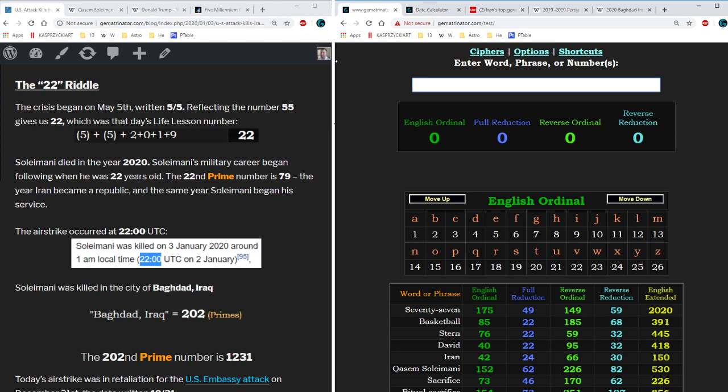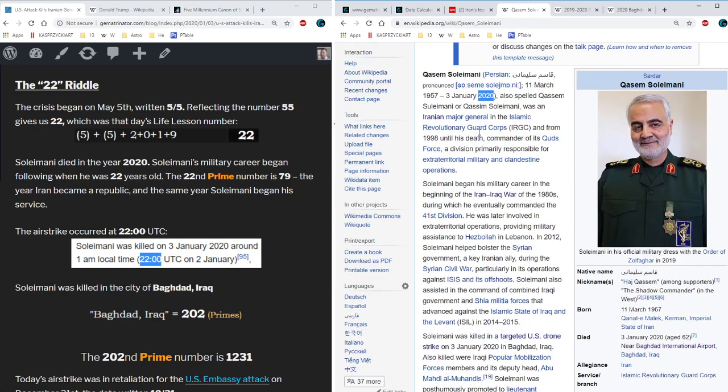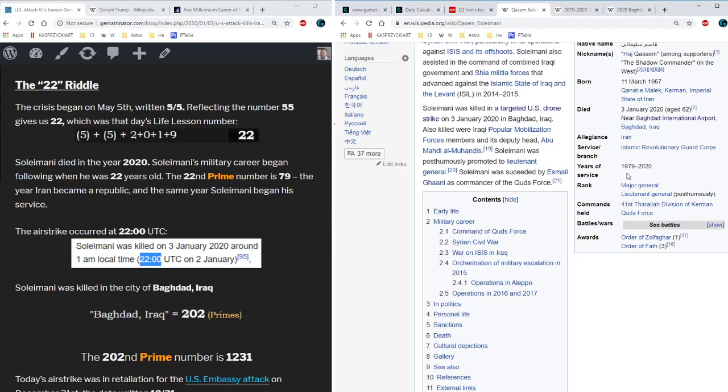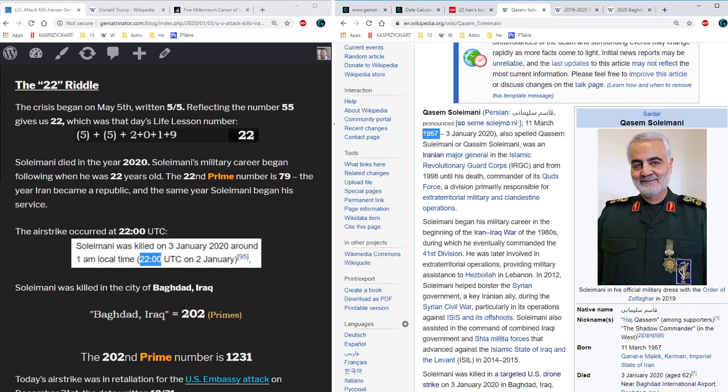So here we sit in the year 2020. Qasem Soleimani began his military service in the year 1979, meaning that by virtue of his 1957 birthday, he was 22 years old.